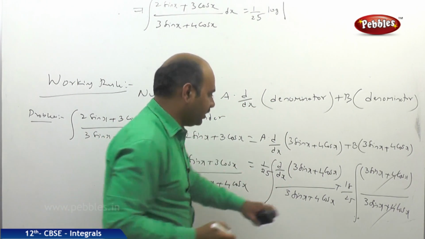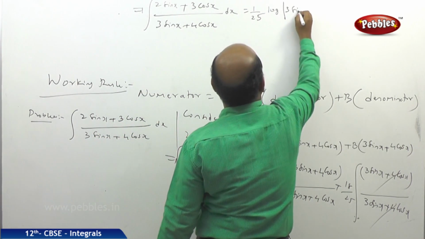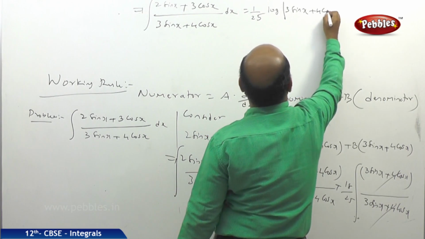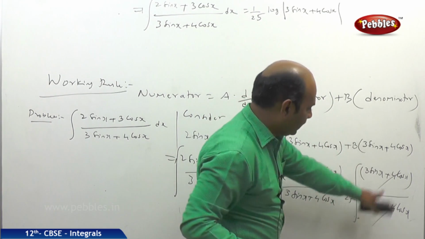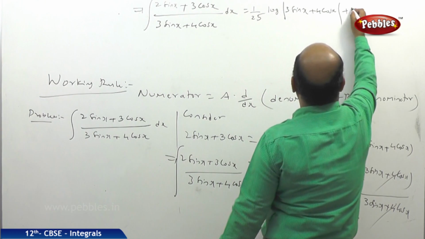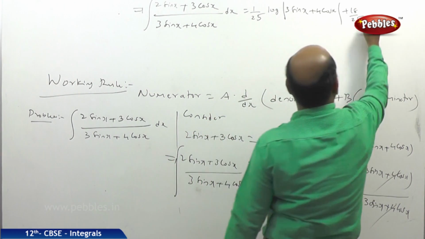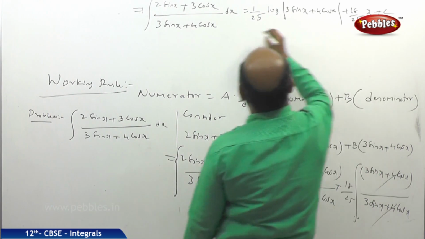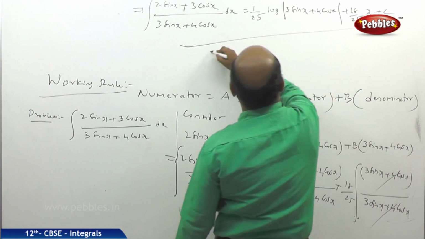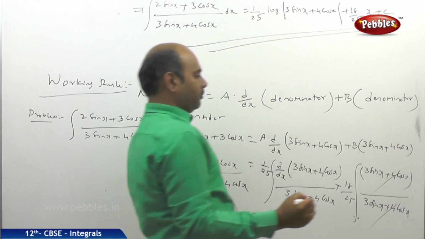F of x here is 3 sin x + 4 cos x. Here both get cancelled. Plus 18 by 25, nothing is there means dx. Integral of dx will be x. So 18 by 25 x plus c. So this is our final output.